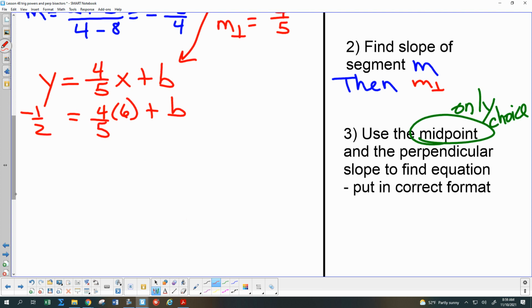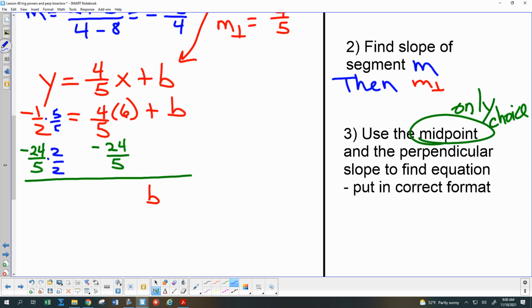Okay, so that's 24/5 plus b. So it looks like I need to subtract 24/5 on both sides. But to do that, I need a common denominator. So let's see, I need 10 for my common denominator to be able to do minus a half minus 24/5.